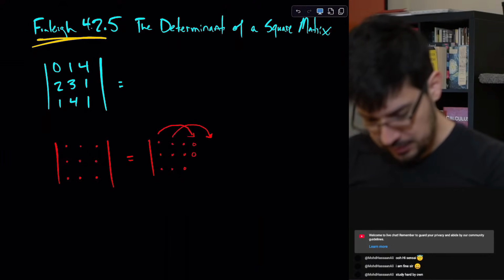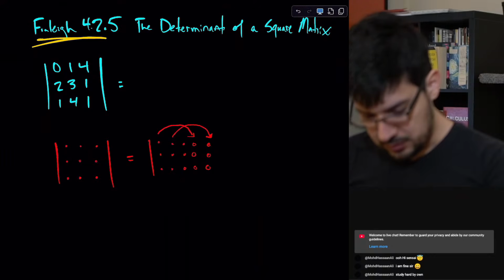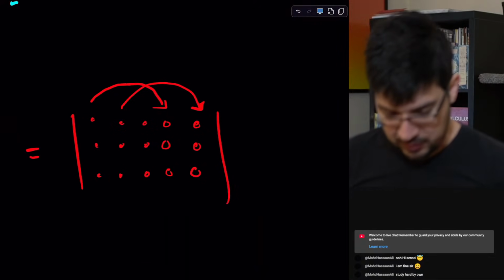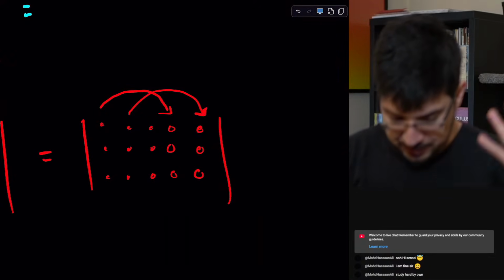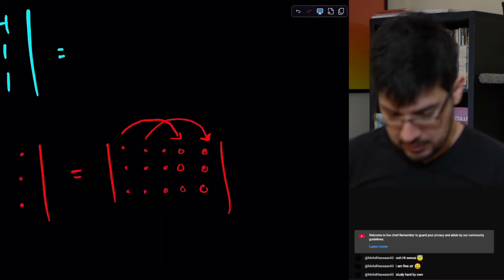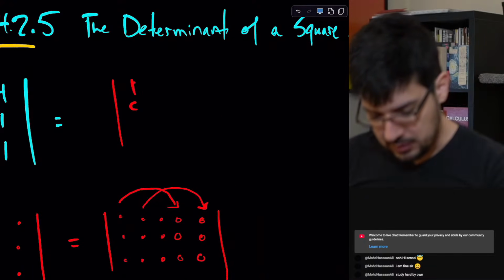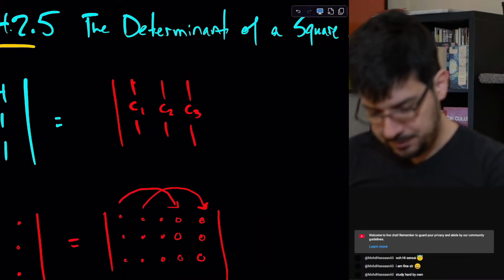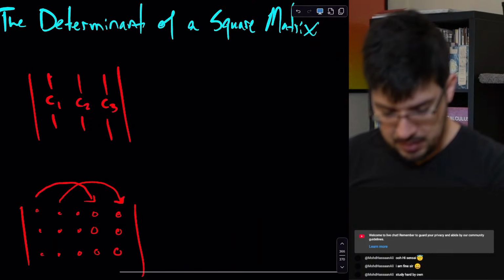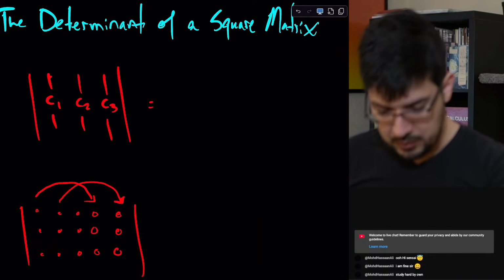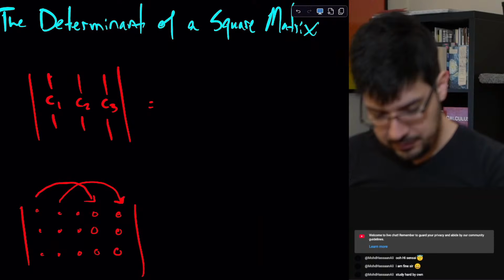I'm going to write open circles to signify that those are duplicated, repeated. The determinant of column 1, column 2, column 3, you think of this matrix.